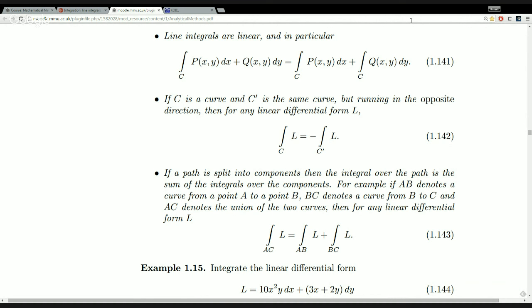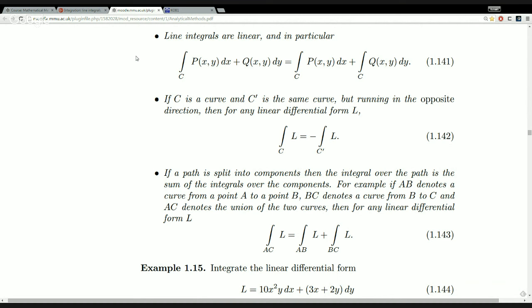Then just use similar principles to evaluate them that we just used in the example. So integration is a linear operator. This is going to be true of all the integrals we looked at.